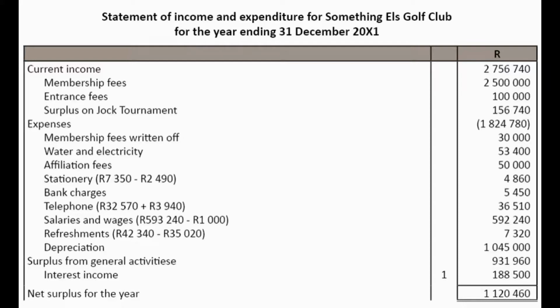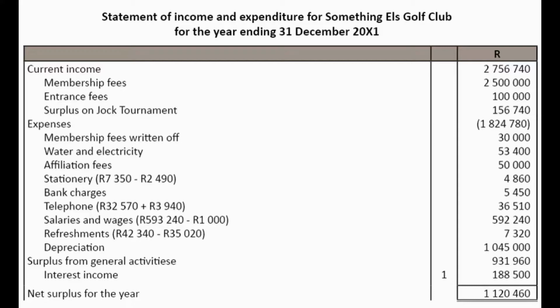There was also an adjustment for the telephone, the 32,570, which was in the trial balance, and you added 3,940 for the adjustment. So the total telephone is 36,510. Salaries and wages, there was also that adjustment for the caddy that has been paid for the next year. So the amount that you enter in your statement of income and expenditure is 592,240.